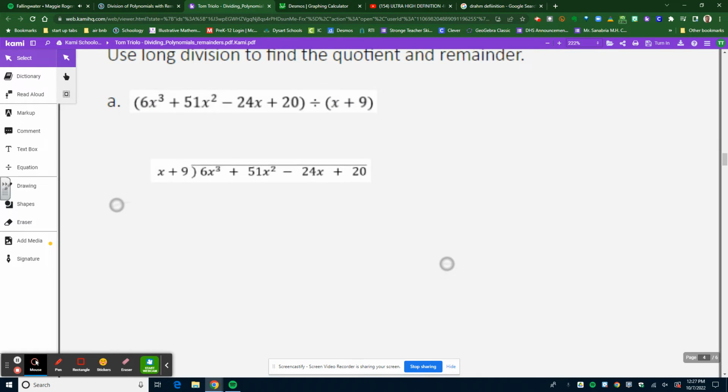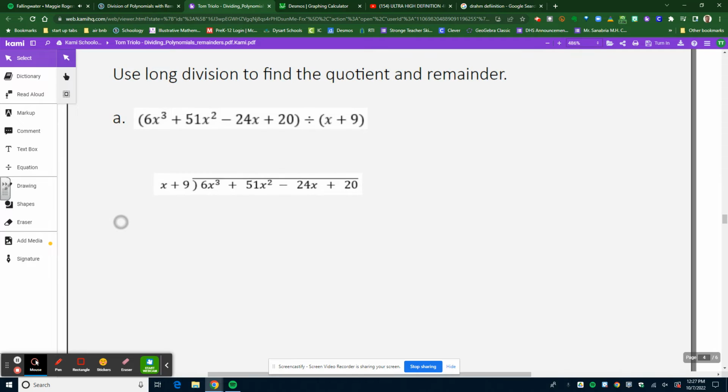Let's take a look at this one. Again, I will give you the option. The first thing you should look for is this: if I've got a third degree polynomial, I see 4 terms, I know I don't have any holes. In other words, some of these, we were missing terms. Yesterday we did one with x to the 4th minus 1.